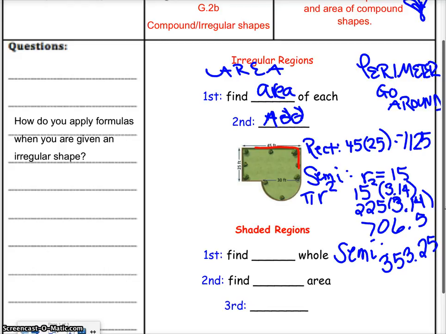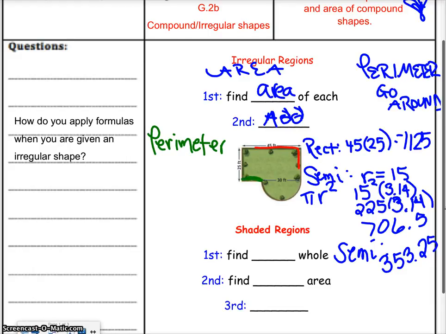Okay, next page. Oh, I didn't do circumference. So I didn't really do perimeter of this one, and you do have to find perimeter of all of this. So let's do it. Perimeter. Pretty easy until you get to the circle.